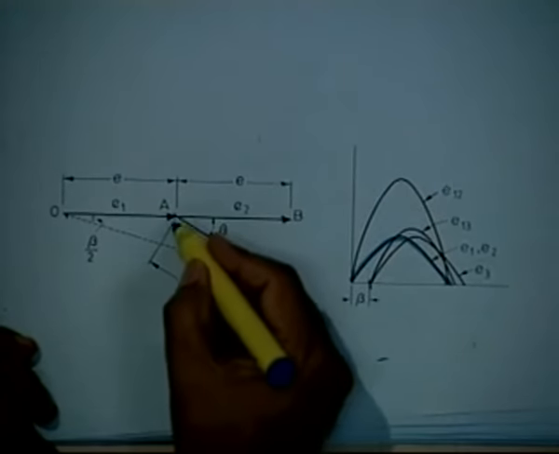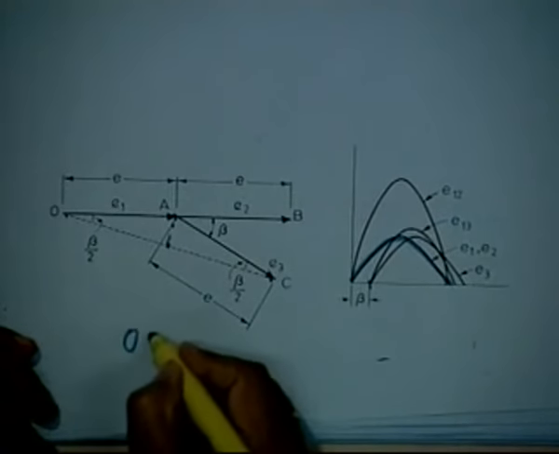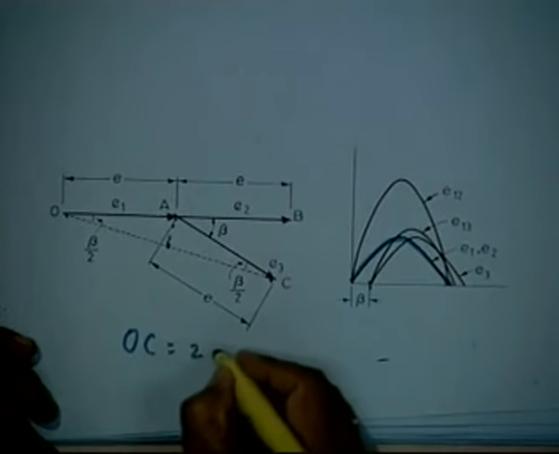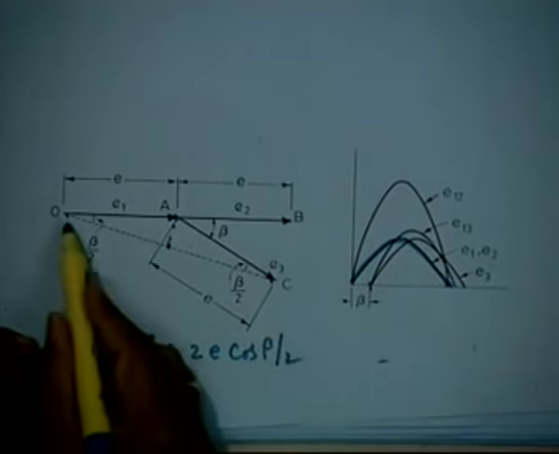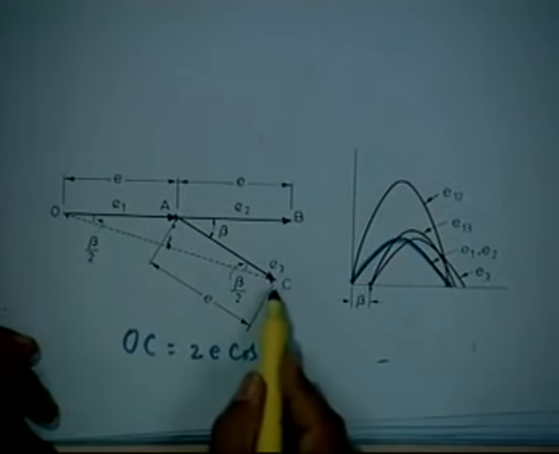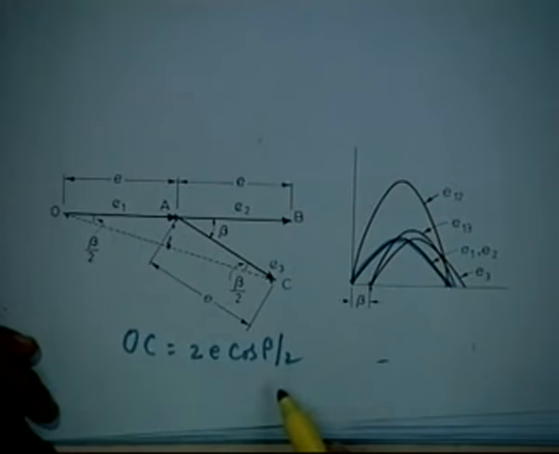If you take a center point here, this OC will be twice E cos beta by 2, isn't it? Twice E cos beta by 2.